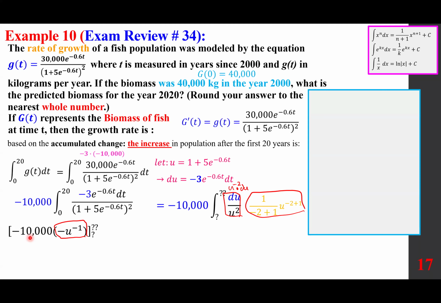Now, what are the new limits? Well, let's find out. First, we're going to put 0 in here. I get 1 plus 5 e to the power of 0, which is 1, gives me 6. The lower limit is 6.